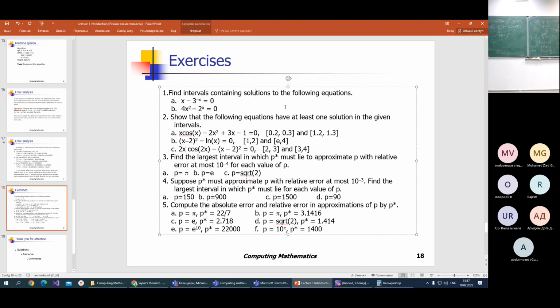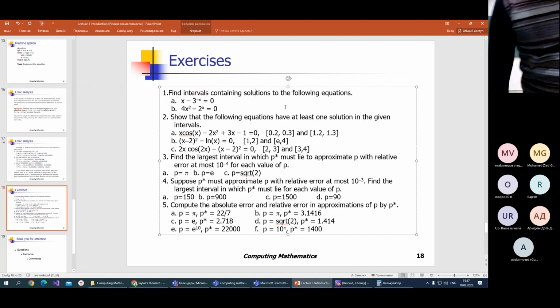It's homework task 2. It's the exercise for next week. I will send you this presentation. I will send you also the link to the video. I will send you the books where you can read about it.